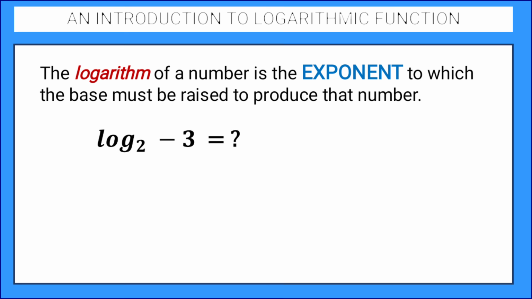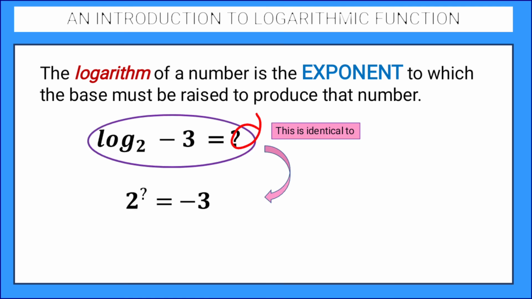I have here log base 2 of -3 is equal to what exponent? Okay, because remember the mantra, logarithm or log is an exponent. So we're looking for this question mark, and we're just going to think of any number that when you take 2 to that power will give you -3 as the result.